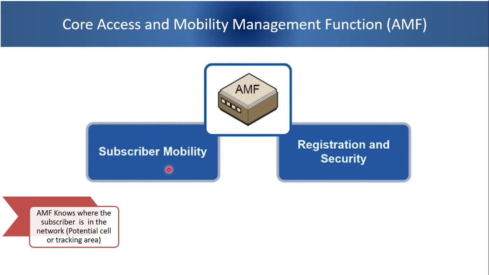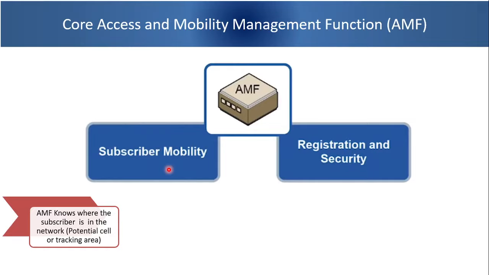To explain this to you, whenever a mobile is active, suppose it is using a data call or a voice over NR, in that scenario AMF knows the location of the device.